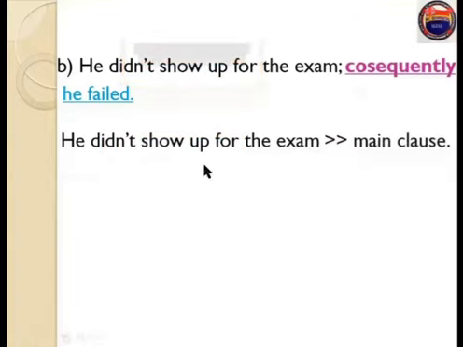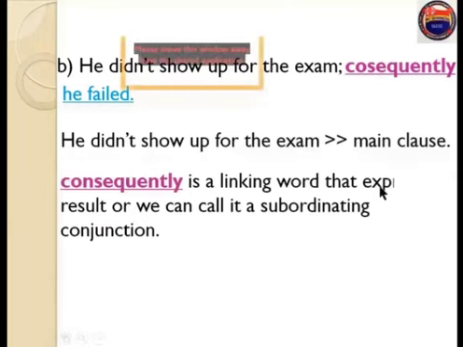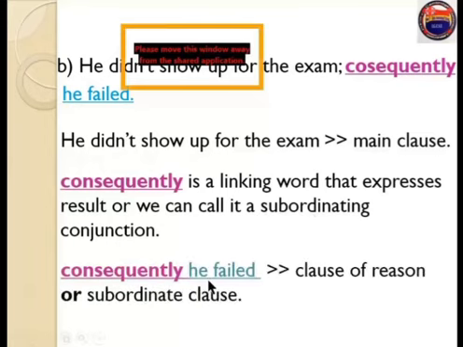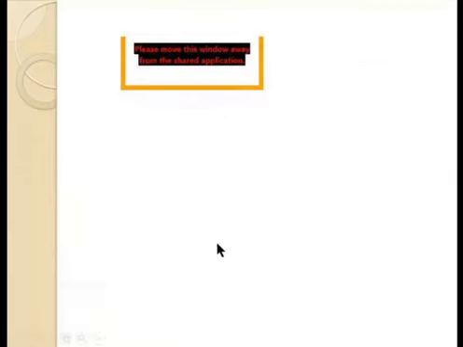Here, he didn't show up for the exam, this is the main clause. Consequently is a linking word of result, or we can call it a subordinating conjunction. And consequently he failed, this is the clause of result or subordinate clause.